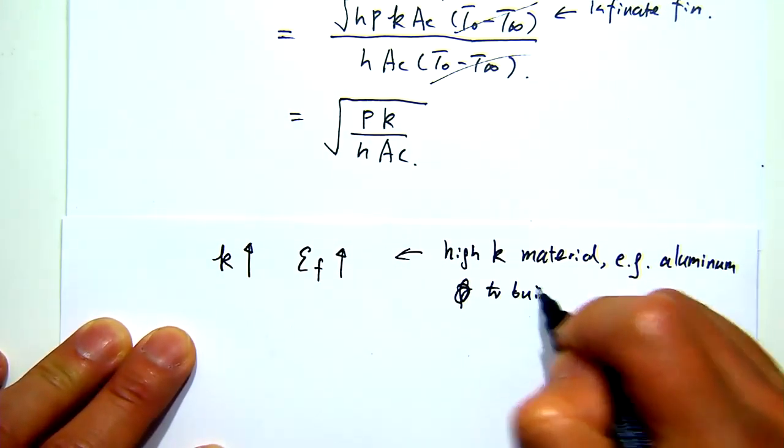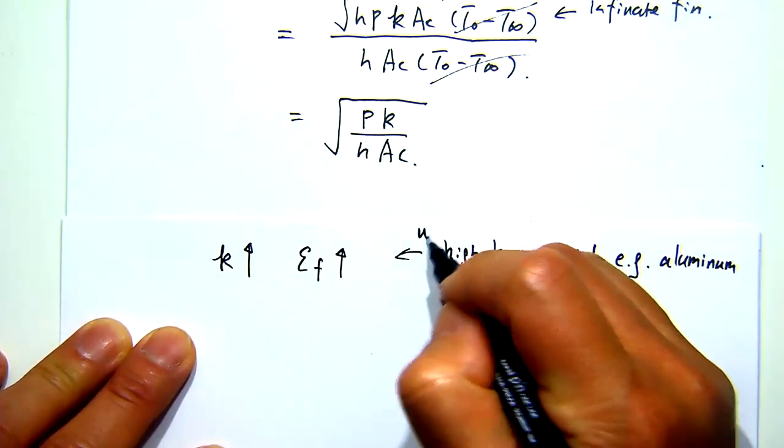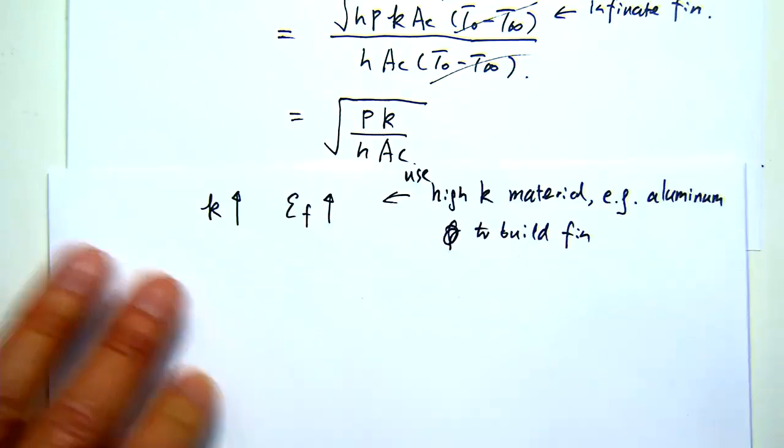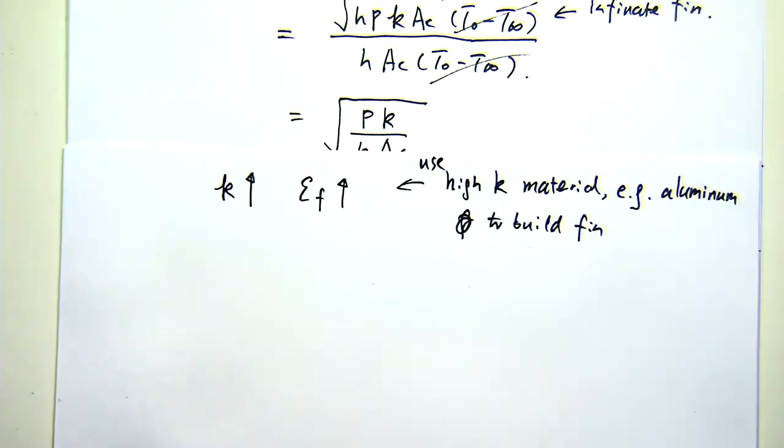I should say use high k material to build the fin. That's often the case. For a car radiator, you see there are a lot of small fins there, and they are typically made of aluminum, which is cheap and light in weight.